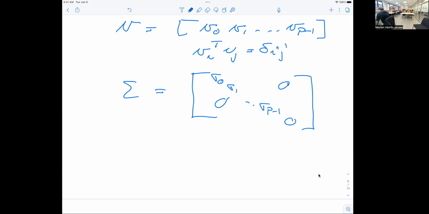This means again that when I look at this, this is sorted so that sigma 0 is larger than sigma 1, is larger than sigma 2, etc. And it is larger than sigma p minus 1, which is larger than 0.